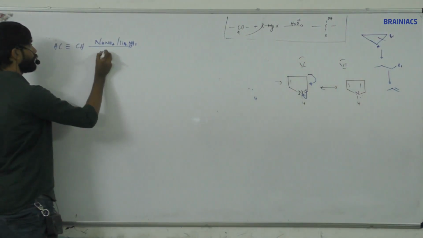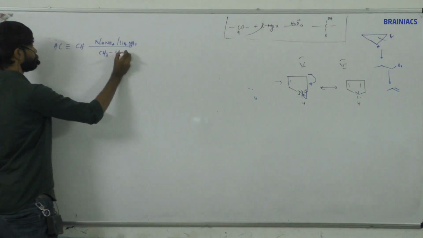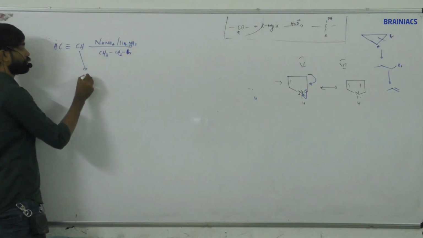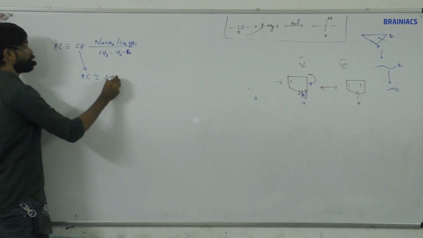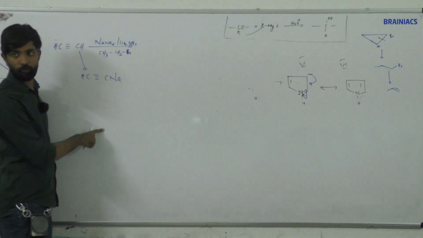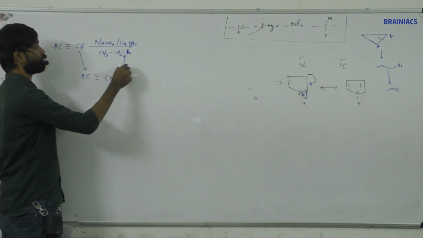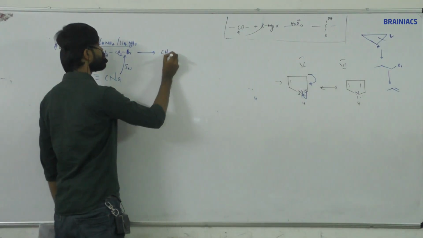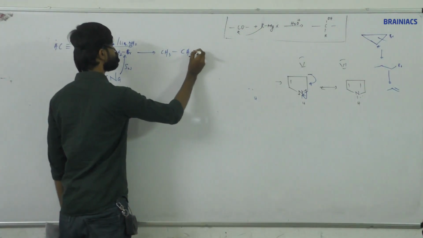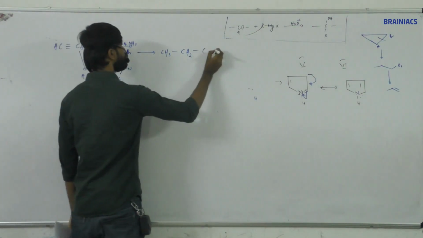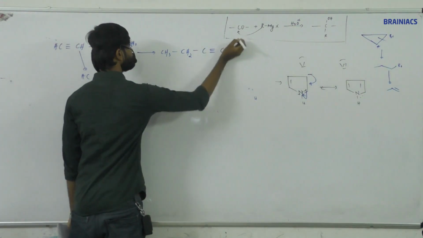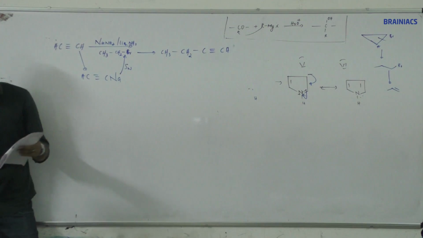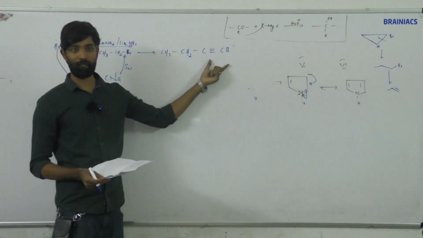So we can easily do it. First it forms sodium alkynide, which undergoes nucleophilic substitution with the alkyl halide. What will be your product? CH3CH2, where bromine is substituted by C triple bond CH. So first you obtain but-1-yne, a terminal alkyne.